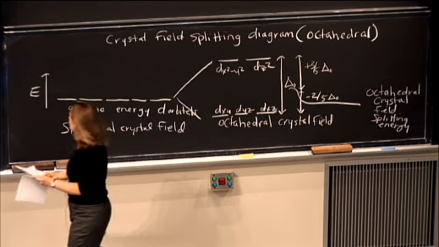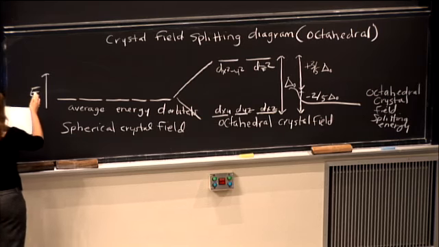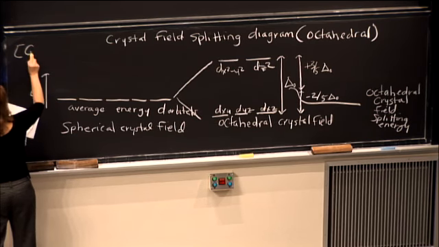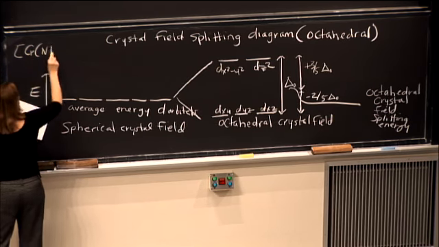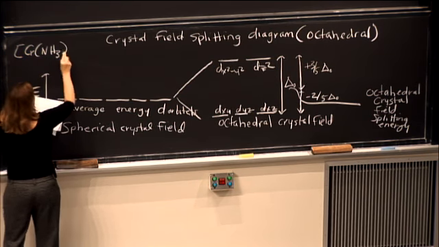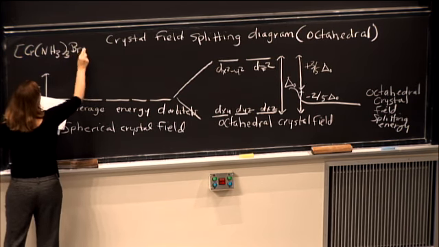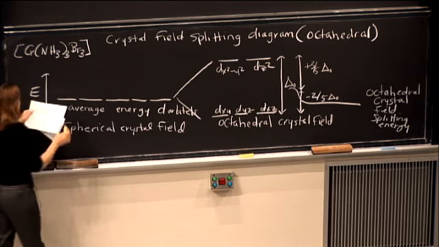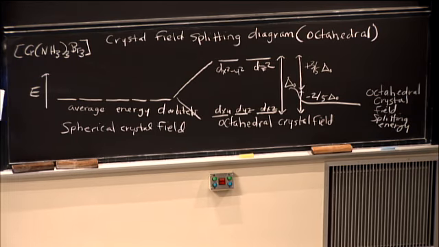So let's look at an example. And we're going to have a chromium system that has 3 NH3 ligands and 3 Br ligands. Now you tell me what the D count of that is.